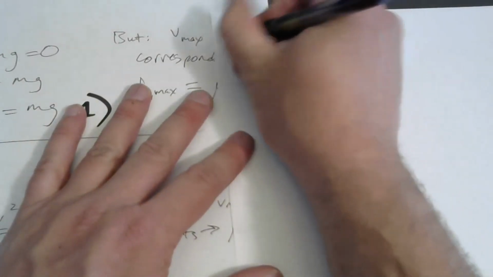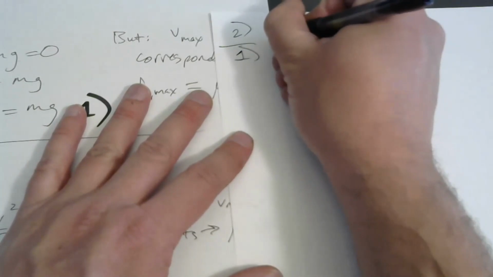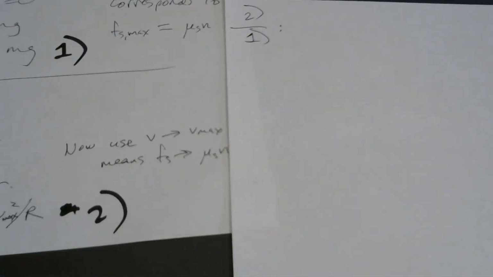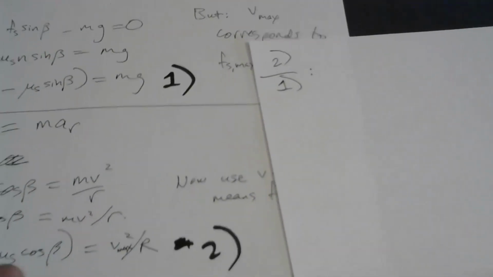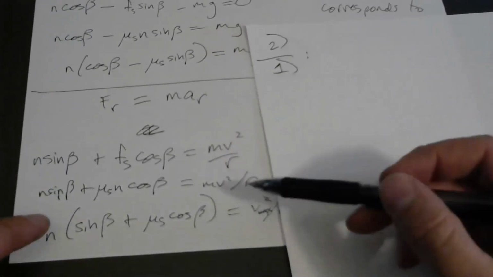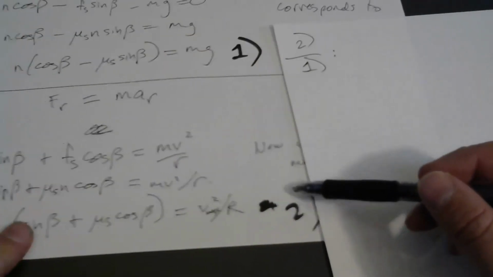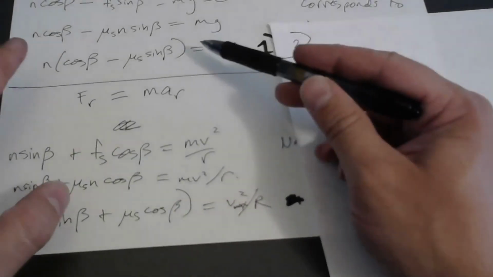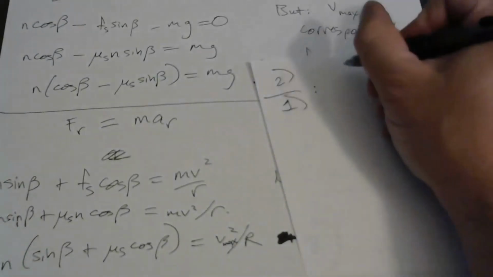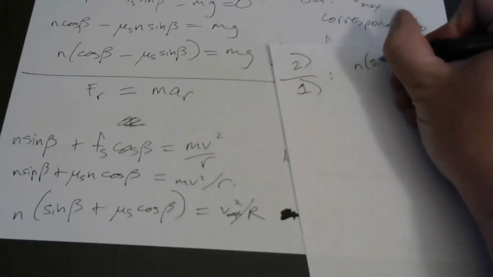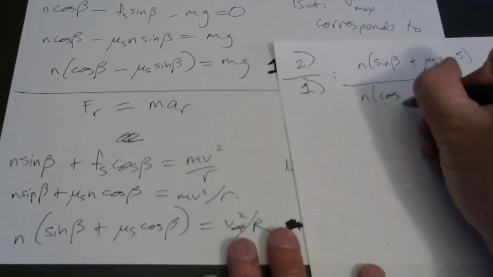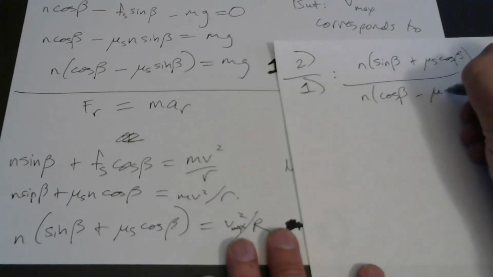Just like before, let's take equation 2 and divide it by equation 1. If I take this left side, this is equation 2, and divide it by that left side, I've got N times sine beta plus mu cos beta. See how messy this is getting? This is one of the longer problems we've done as far as the algebra is concerned.